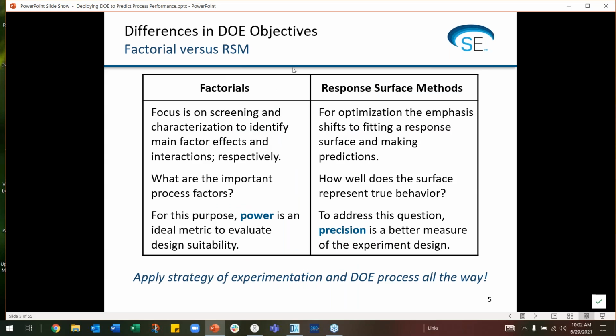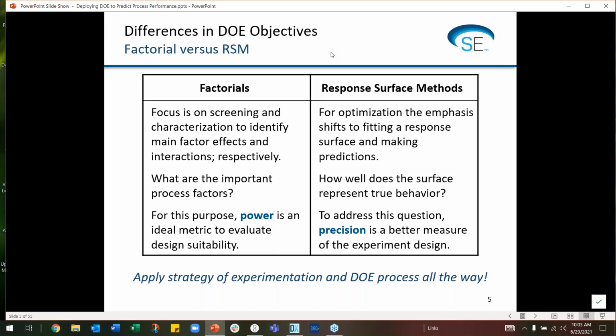So let's compare the differences in DOE objectives. When we're using factorial designs, the primary interest is looking at either screening designs or characterization designs to identify our main effects and our interactions, specifically the two-factor interactions.